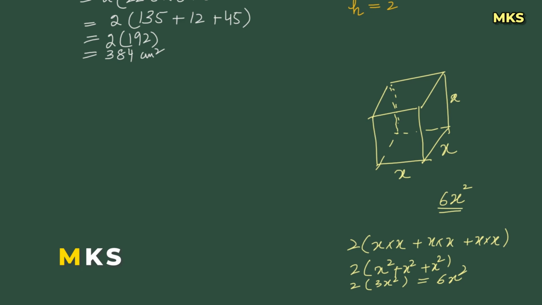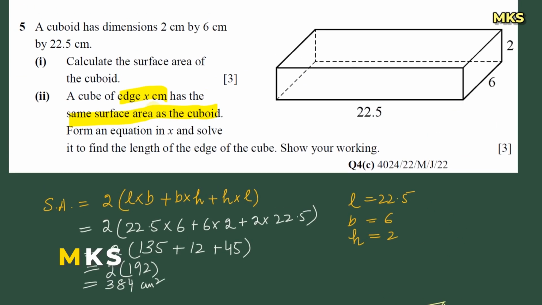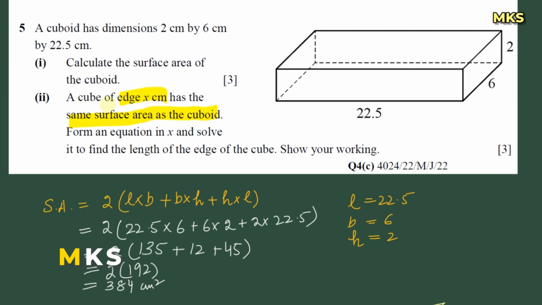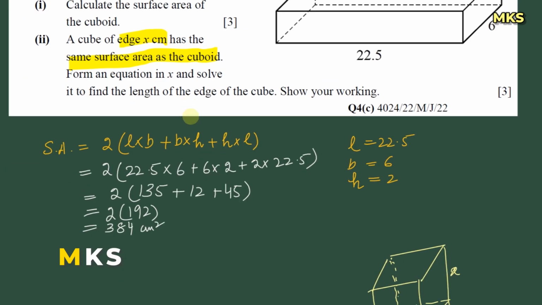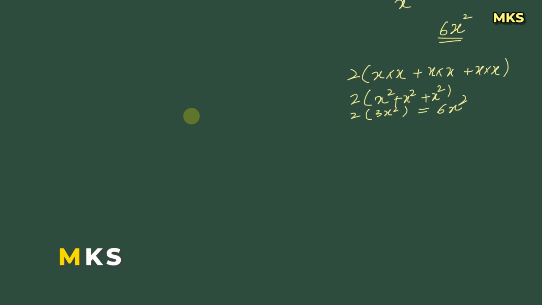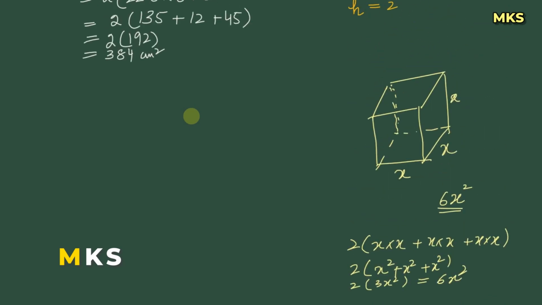Now in the question, they say a cube of edge x centimeter has the same surface area as the cuboid. So cuboid has the surface area 384. Same will be the surface area of that cube. So that makes the equation 6x square is equal to 384.